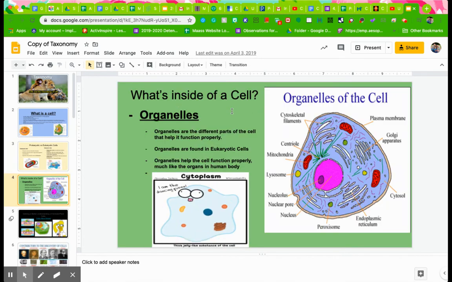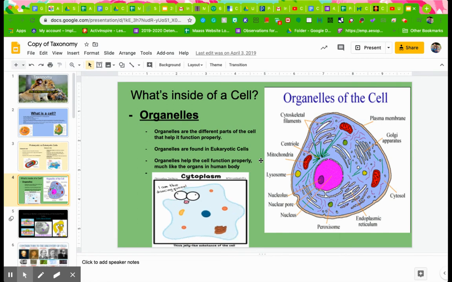So what's inside a cell? All these things inside here, like that red thing, the yellow thing, are called organelles. They're found in eukaryotic or multicellular organisms, and organelles help the cell function properly. It's similar to organs in the human body, like your lungs help you breathe.